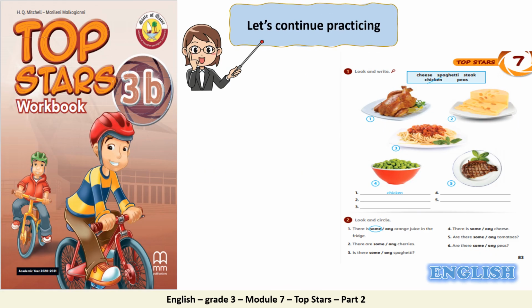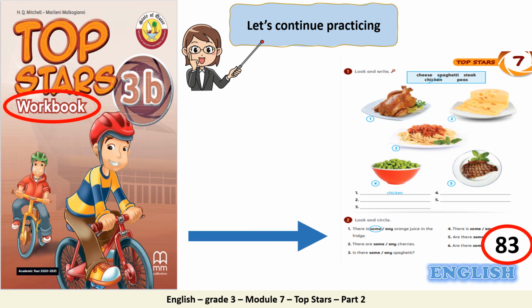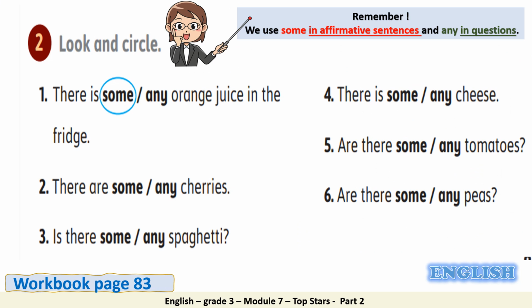Let's continue practicing. Open your workbook, page 83, activity 2. In this activity, you are going to look and circle. Remember, we use some in affirmative sentences and any in questions. Number 1 is done for you.